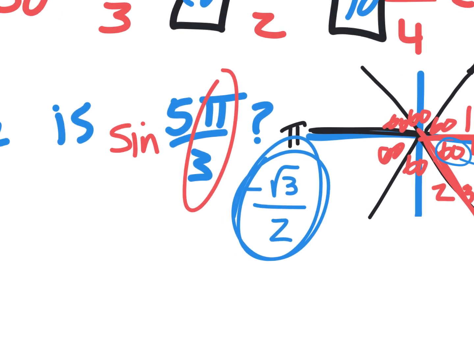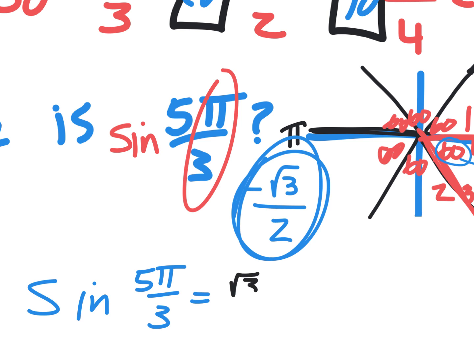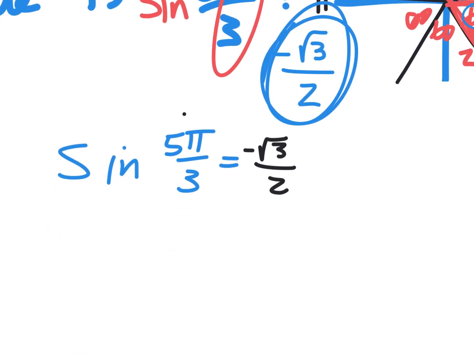All right, now let's analyze this question again. Sine of 5 pi over 3. They gave you the angle, and to answer the test question, you gave them root 3 over 2, and it was negative. This is the angle part.